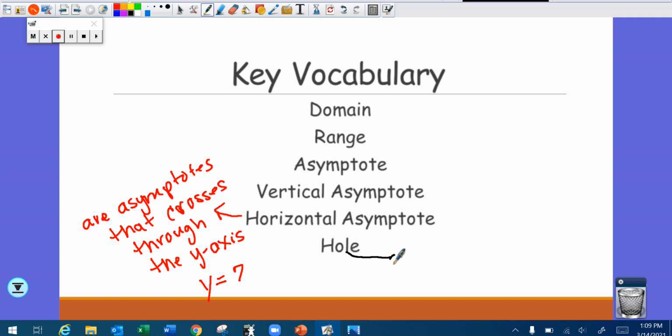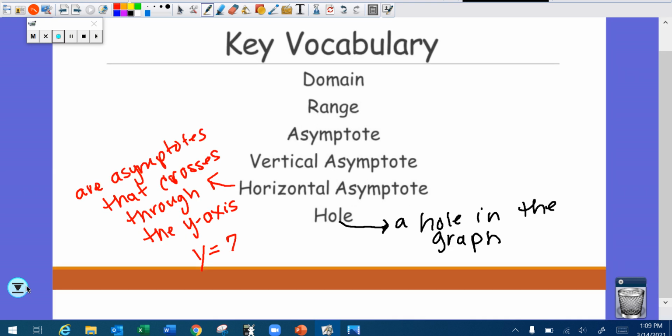So a hole is just that. It's a hole. Look at me spelling it wrong. Hold on. It's a hole in the graph. And here's how you identify a hole. So what happens is you have some kind of polynomial in the numerator. And then let's say you factor down your denominator.